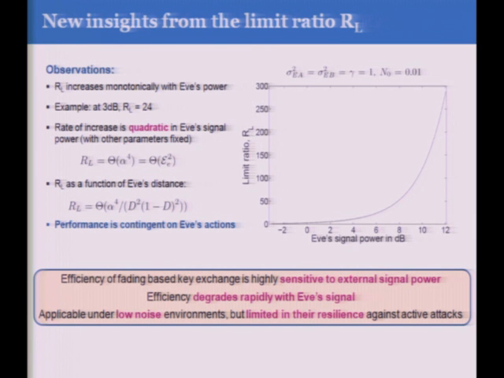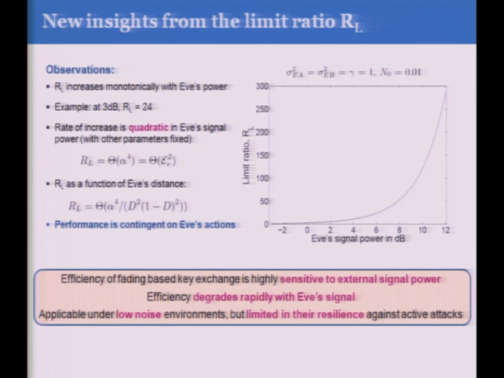The distance between Eve and Alice is D, and so the distance between Eve and Bob is 1 minus D. And you can get an order relationship of this form, which is just showing that if you keep changing the distance D, the interference power is changing at Alice and Bob. This is just showing, as a parameter D, how this function grows. So basically 1 by D squared.